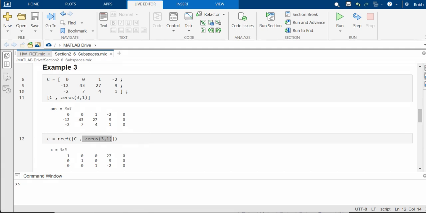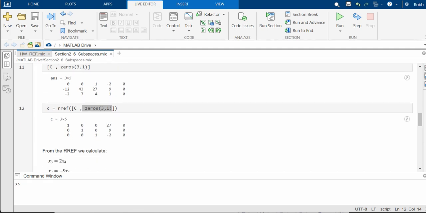Get rid of the ink. Okay. And what do we see? Well, so now if this is the augmentation bar, we have that x sub 1 equals 27 times x sub 4. And we're going in reverse order here, right? So x sub 3 plus negative 2x sub 4 equals 0.